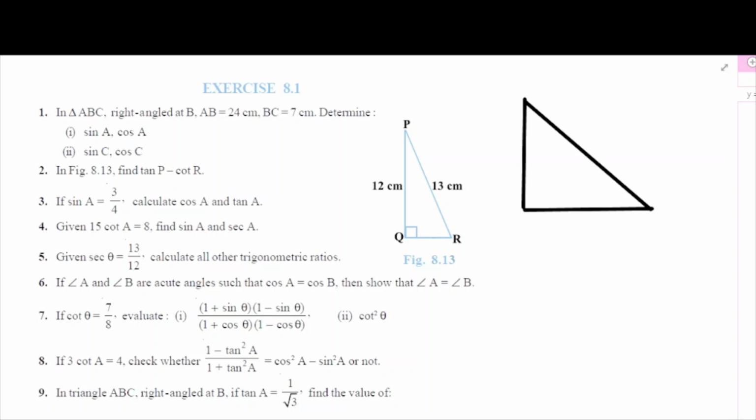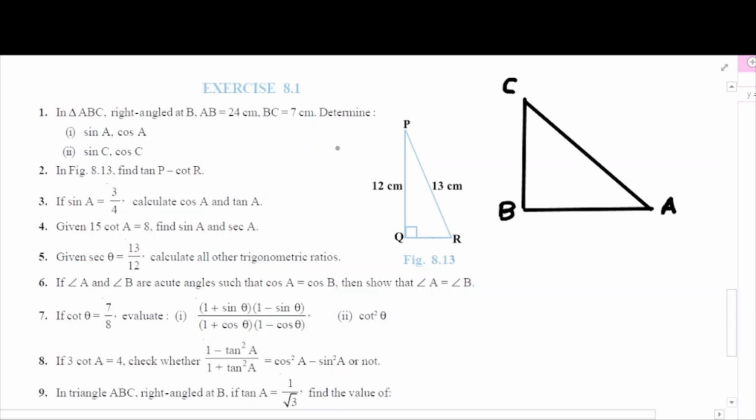So in this particular triangle, it is right angle at the point B. Let this one be A, this is A, and this is C.